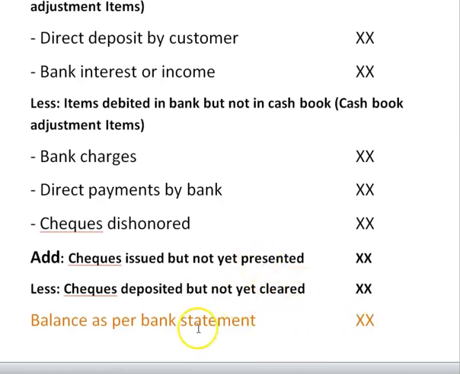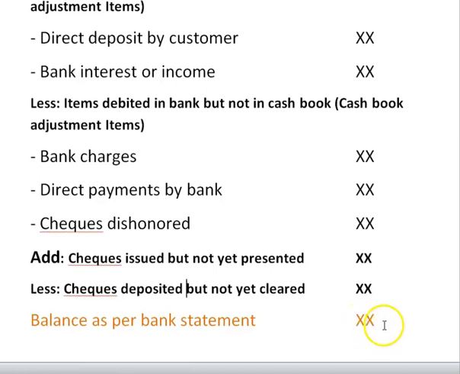So having done this, you should have your balance as per bank statement. The balance you are going to have at the end of the day must be equal to the balance you have in your bank statement. This balance must be the same thing with your balance as per cash book adjustment, or as per cash book.